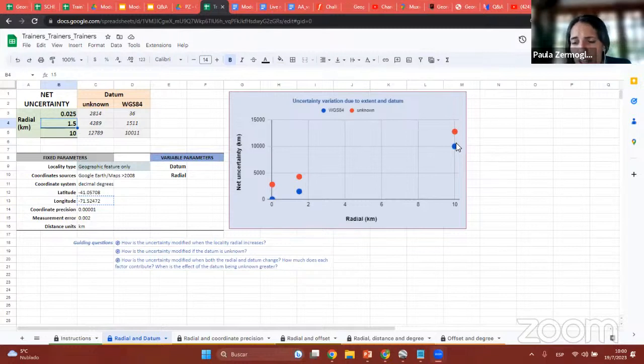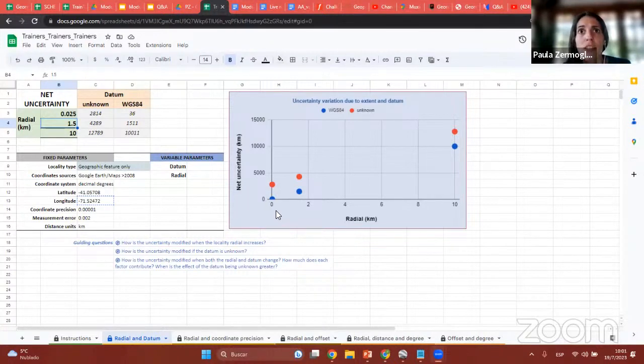And the difference is the same for any radial, because the difference in the datum, what it's going to do is not provide us with the necessary information to know where the coordinates are. So that center is. So it's just an uncertainty on where those coordinates fall on Earth. So that difference due to the datum is the same no matter the radial. It's always larger if we don't know the datum, but it's the same independently of the size of the feature.